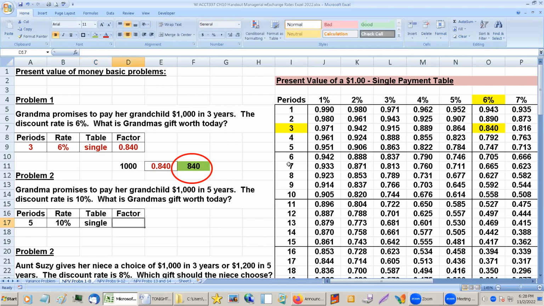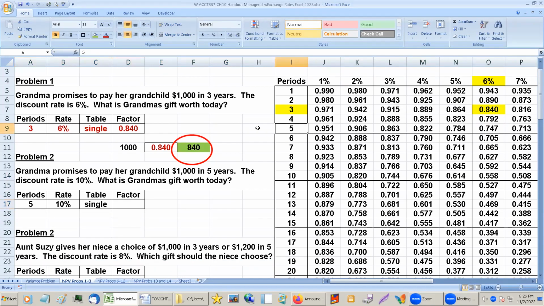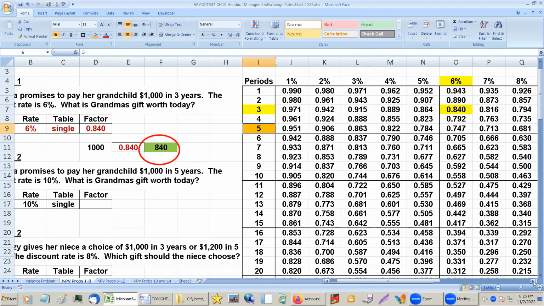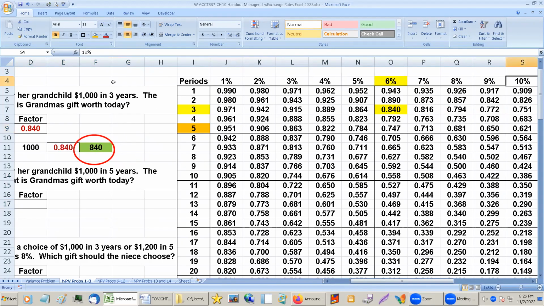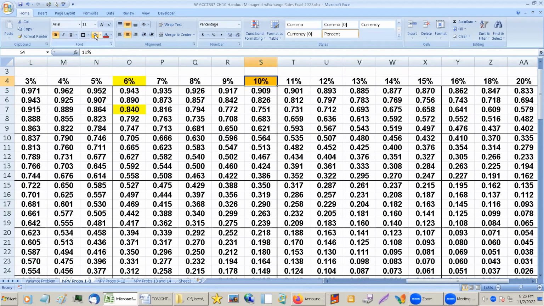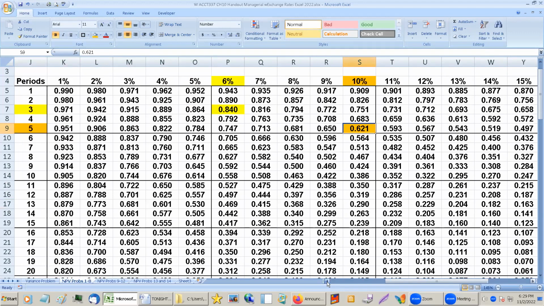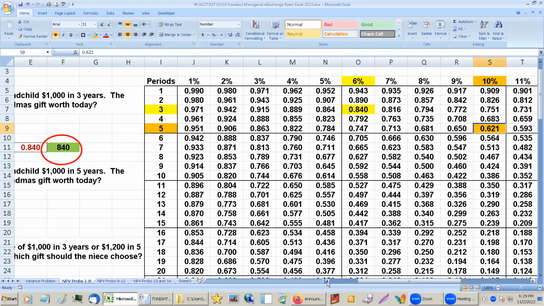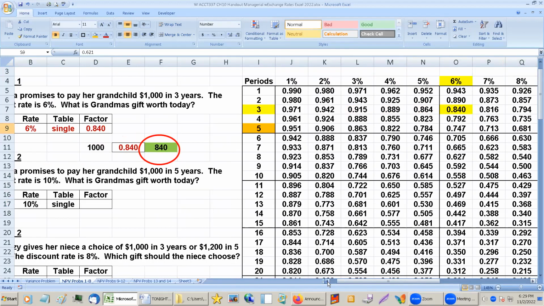The factor is 5 years at 10%, which is 0.621.